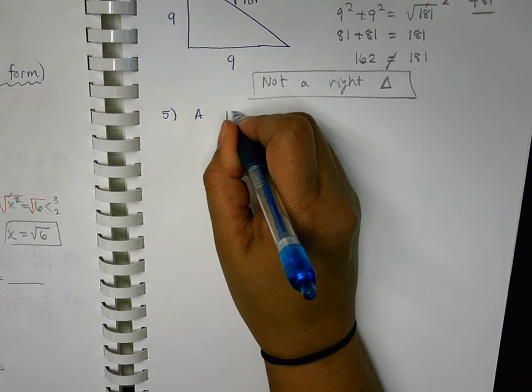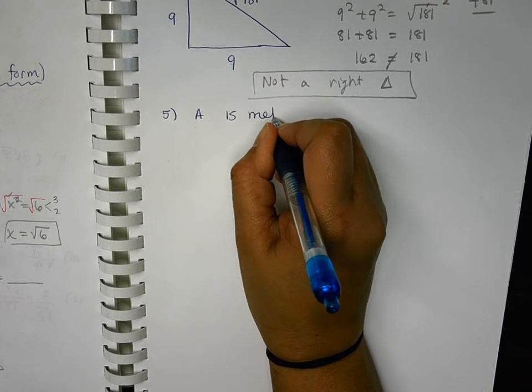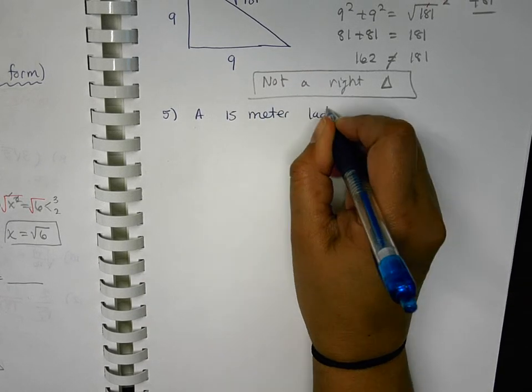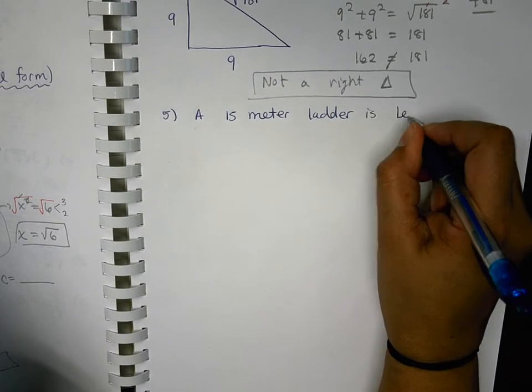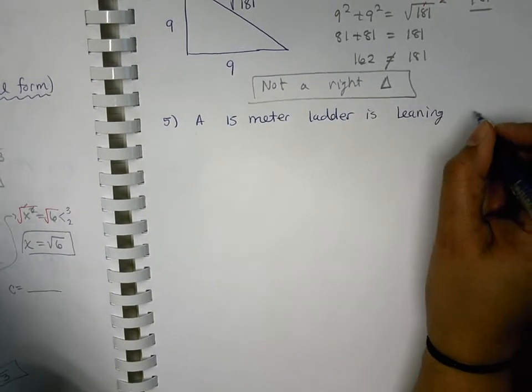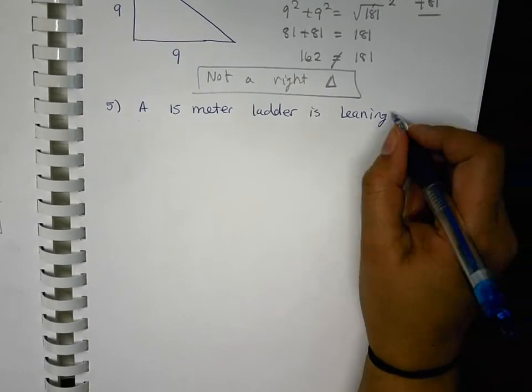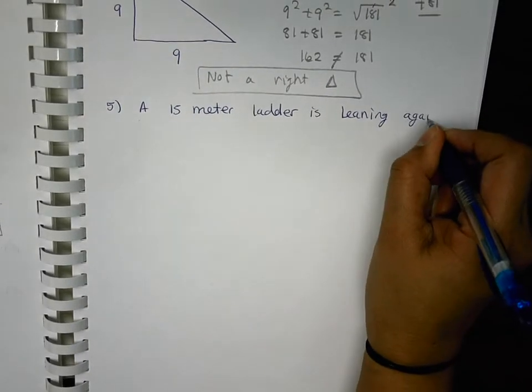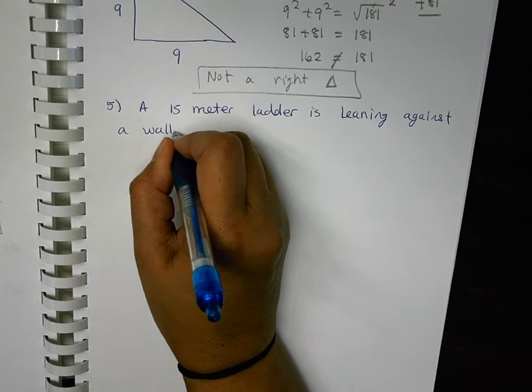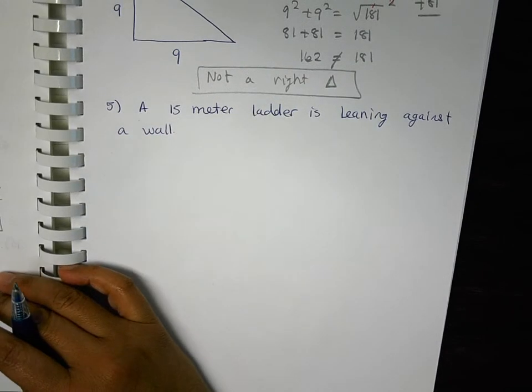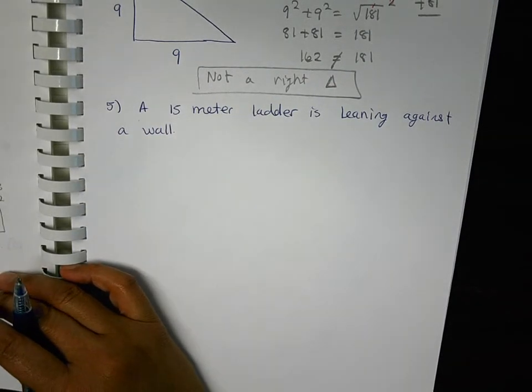A 15-meter ladder is leaning against a wall.